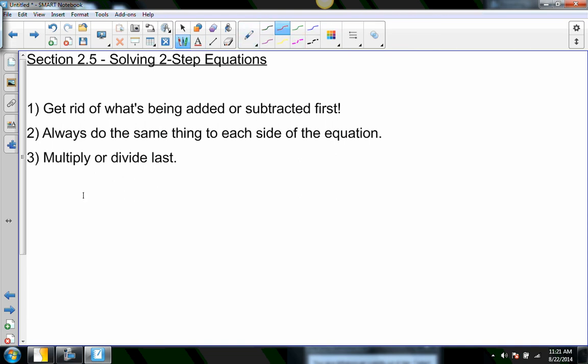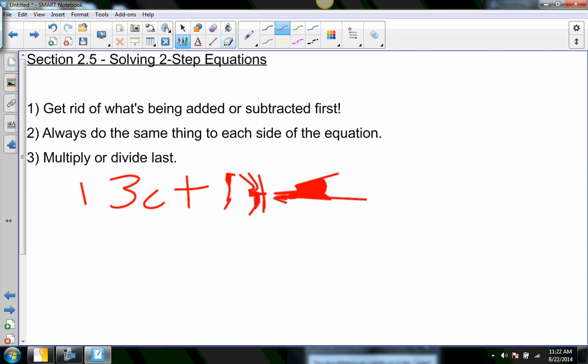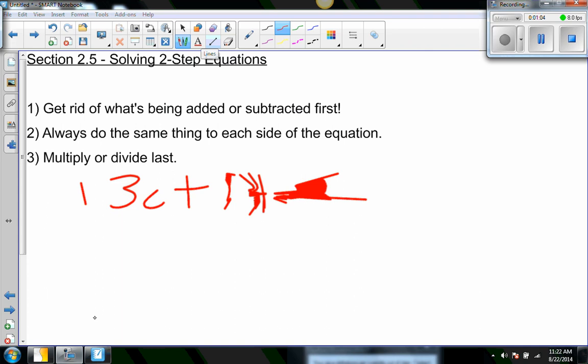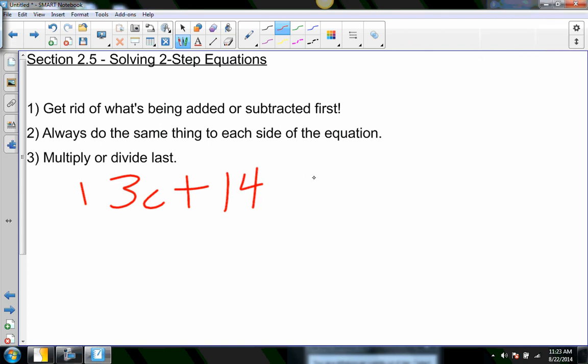So let's say that I have 3c plus 14 equals 23. So again, my rule said get rid of what's being added or subtracted first.